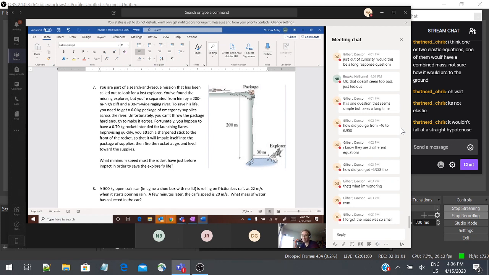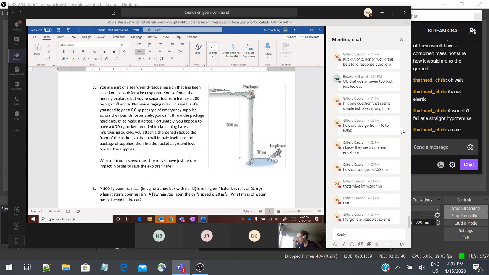It would not follow a straight hypotenuse. You're exactly correct. What shape would the path be? An arc?